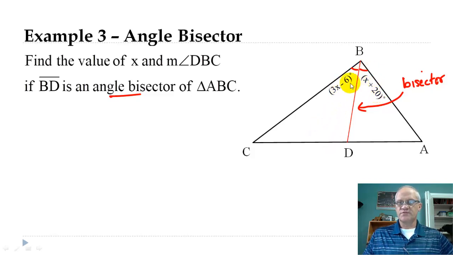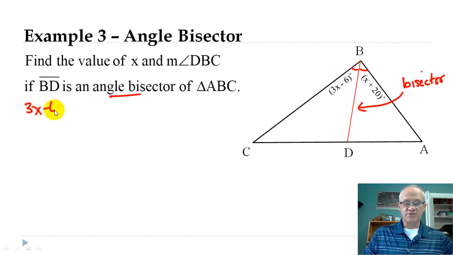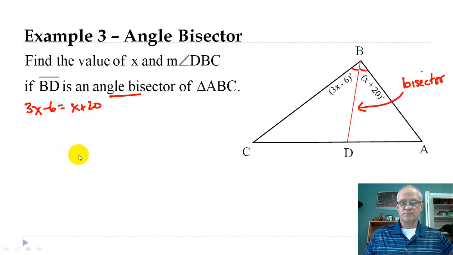So if these two angles have to be congruent, my equation would be 3x minus 6 equals x plus 20. Then I just solve that, so minus x, plus 6, 2x equals 26, divide by 2, and x is 13.